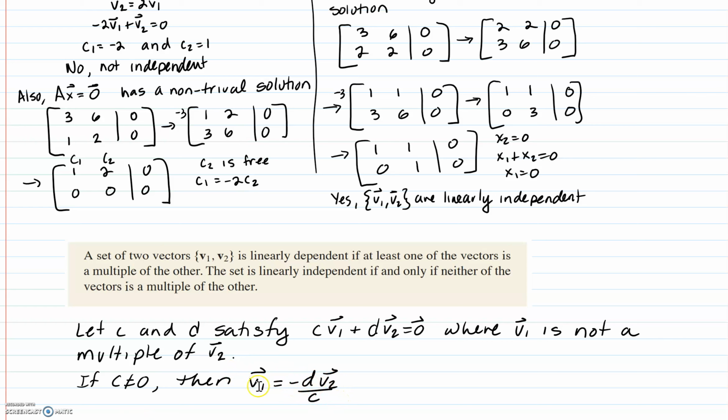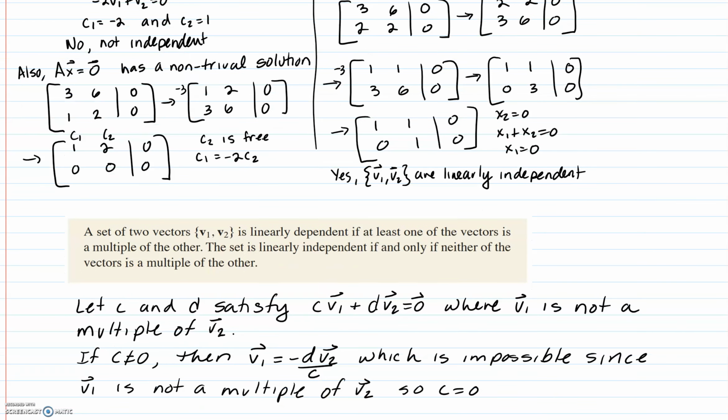That would mean v1 is indeed a multiple of v2. So c must be 0. And you can actually find that d must also be 0 by saying v2 cannot be a multiple of v1 and do the same argument. So similarly, d needs to be 0 as well. Therefore, it only has the trivial solution, and it is indeed independent.